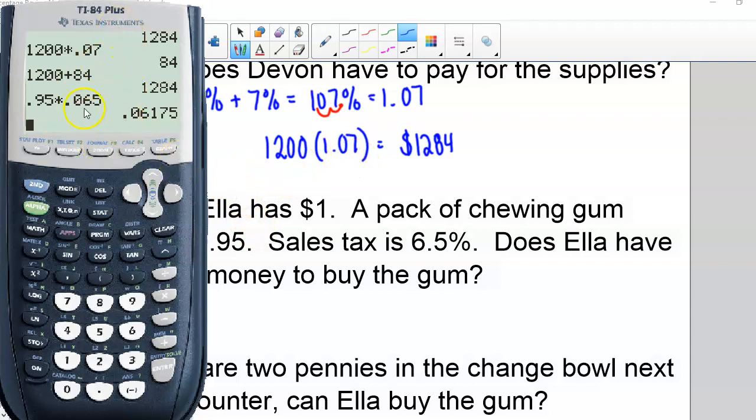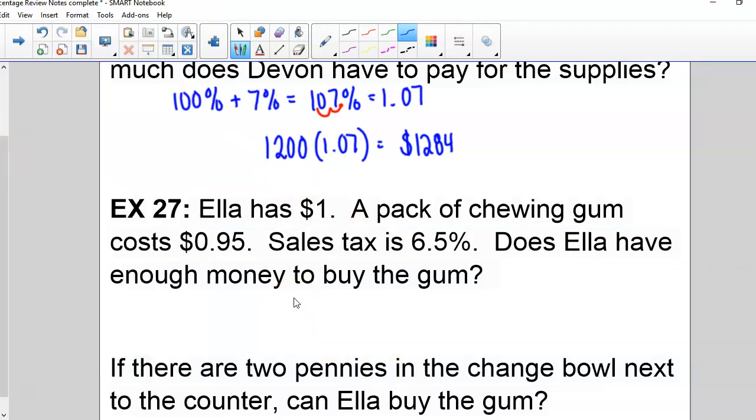Now, this will work, but I do want us to start trying to use this shortcut where it automatically adds the tax back in. So if we're doing it that way, you start off, you have to pay 100% of the price, right? And we have to pay an extra 6.5%, so that's 106.5%.